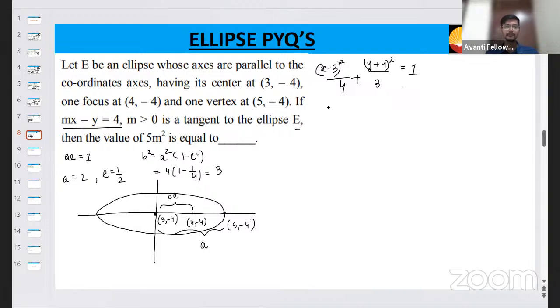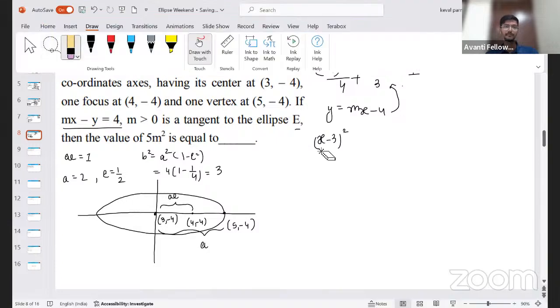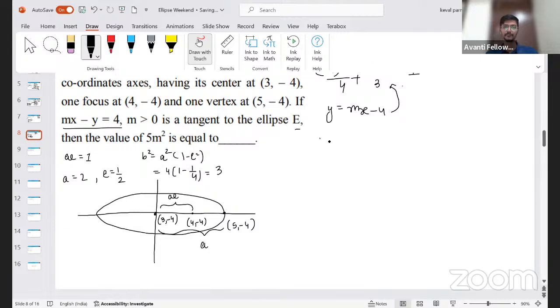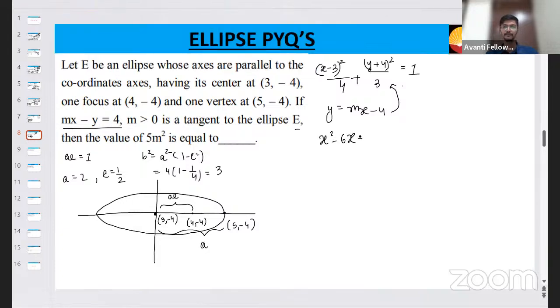From this line, we can get y = mx. So we'll get (x − 3)² upon 4 — or should we open this bracket as well? Yeah, let's open the bracket. So we'll get (x² − 6x + 9)/4 + m²x²/3 = 1.